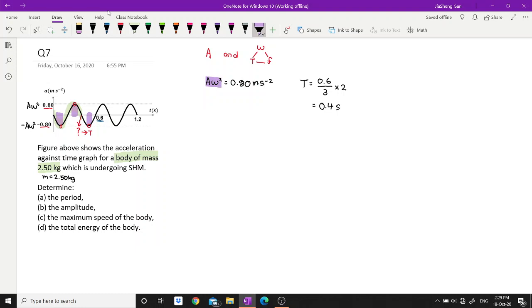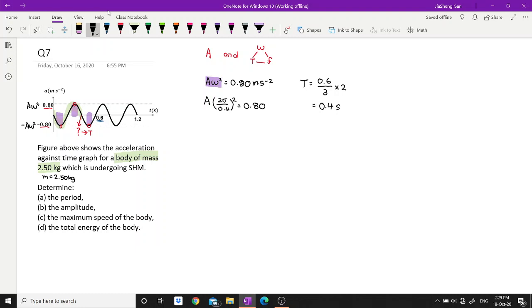We can probably represent in terms of amplitude A. So we put in the value that we get. For omega we know it is 2 pi over big T. So let's put in 2 pi over 0.4, squared, times A, equals 0.80.